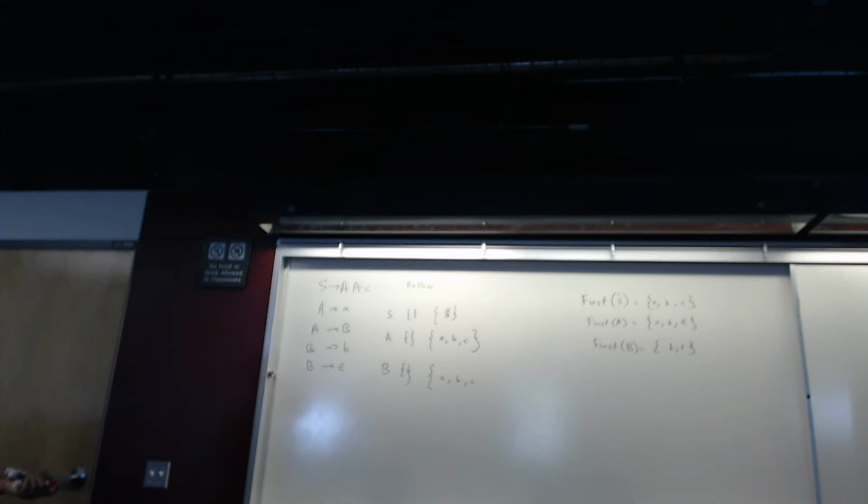Union: if you do A union A, it is A. Is there any other production rule where we can apply rule 2? There is no other. So we are done with B.